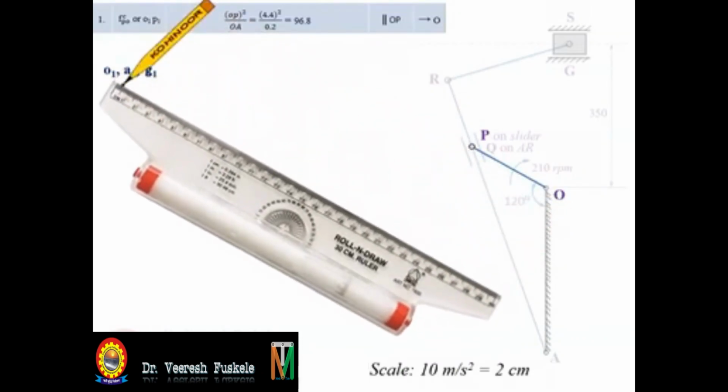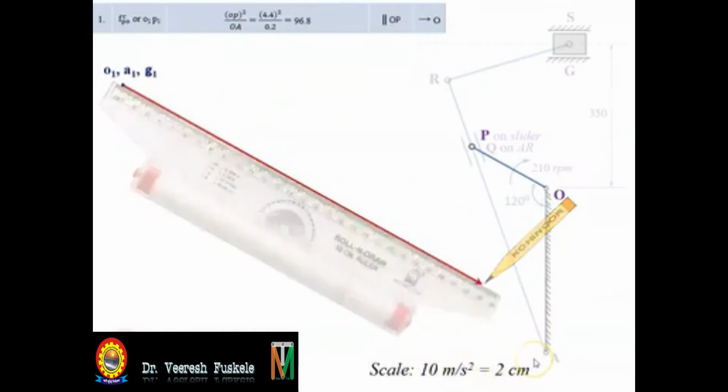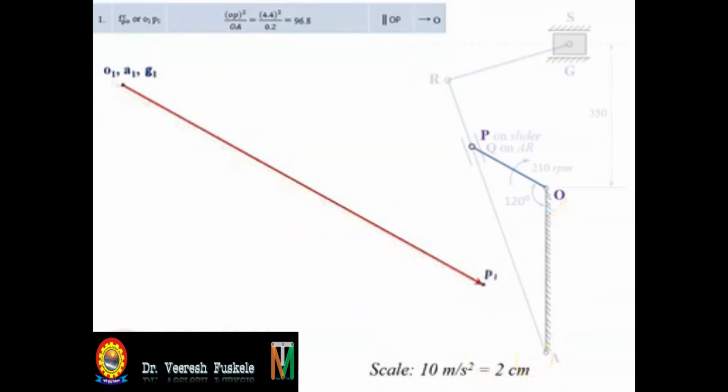So from O1, we draw the acceleration vector according to the scale taken. The length of the vector will be according to the scale taken. So we get the point P1 and the acceleration of P relative to O.